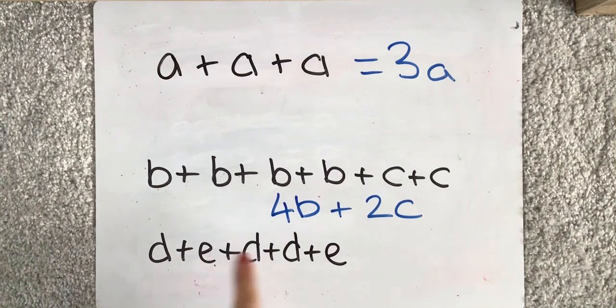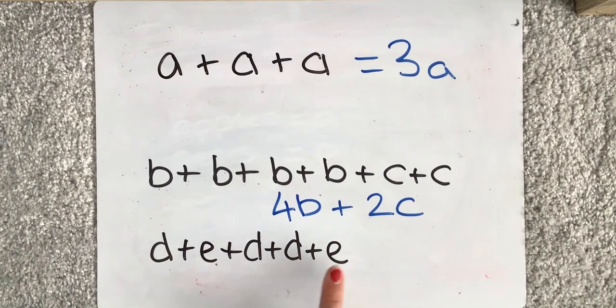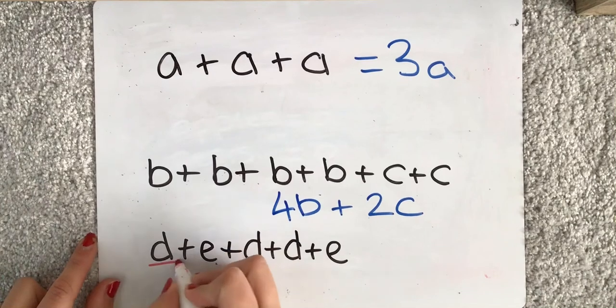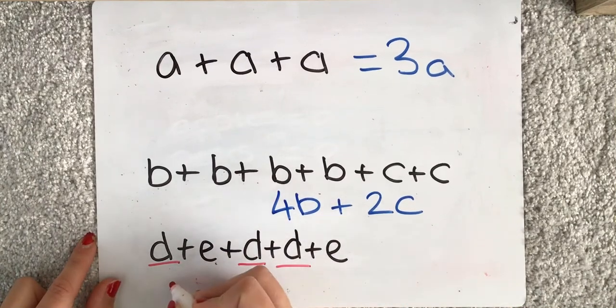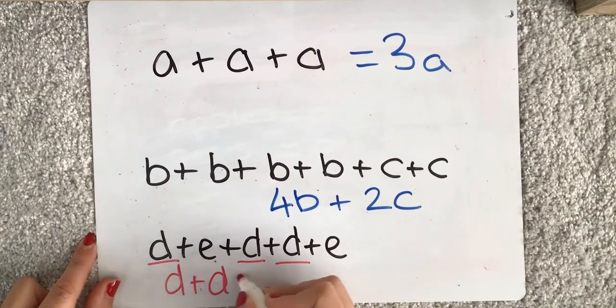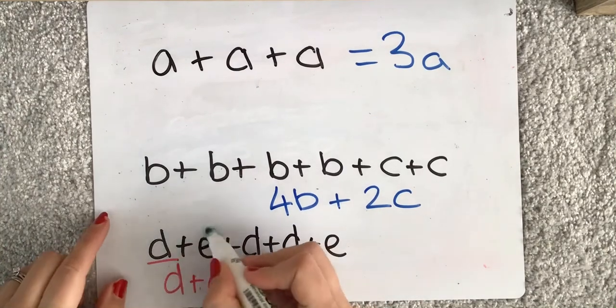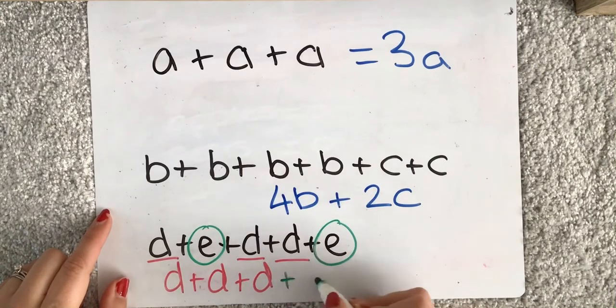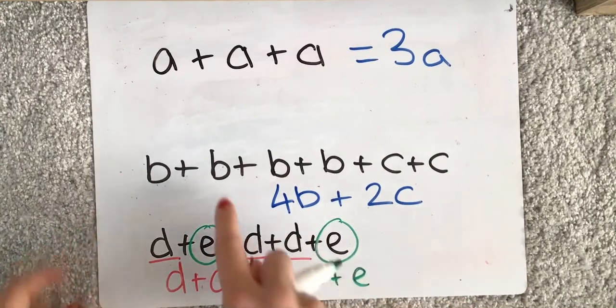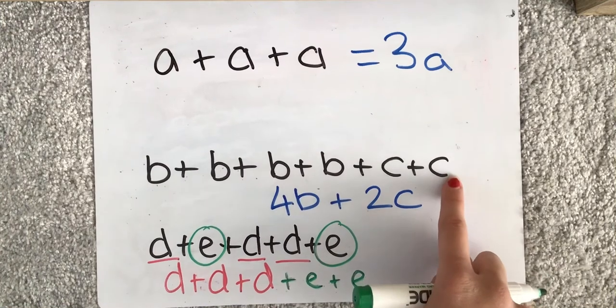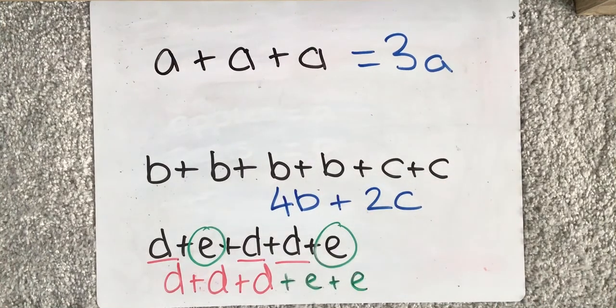Now, where it gets slightly more complicated is something like this one, okay? Because with this one, they're not all written together. Now, what I much prefer to do is take them and write them together. So these 3 here are the same, so I'm going to write D plus D plus D. And then I've also got this one and this one, so plus E plus E. And now it suddenly looks a lot more like the one above, and I think is a lot easier to work with.